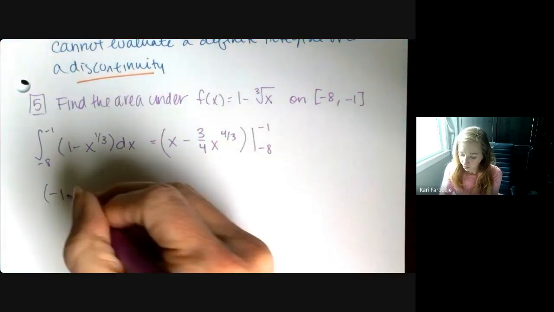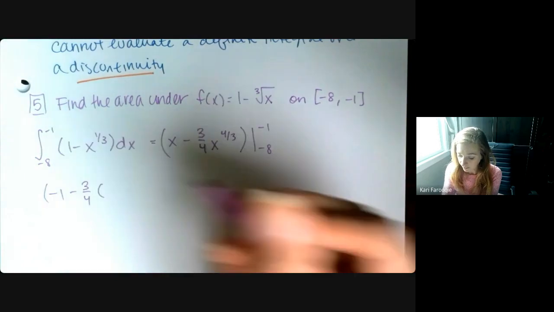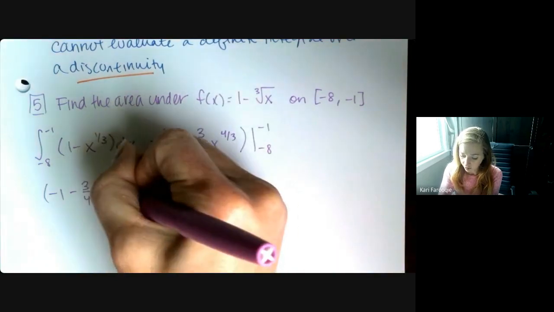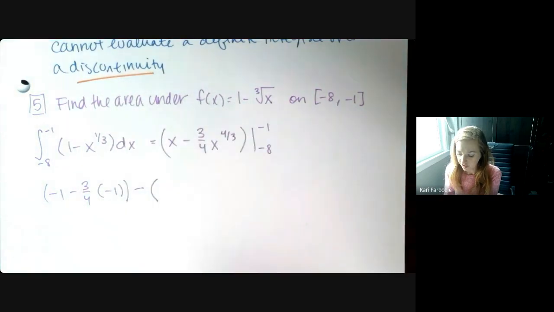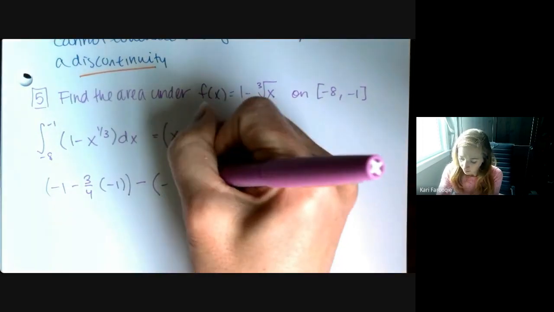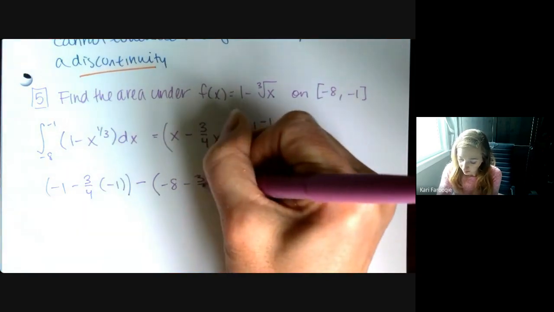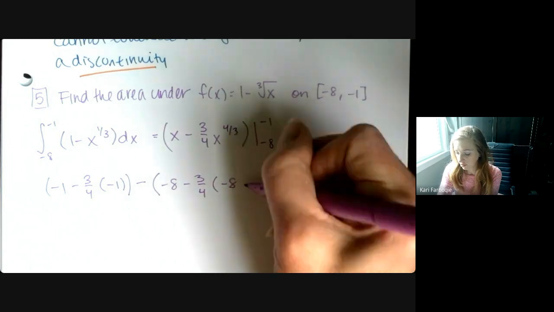I don't think you should need to, but it's fine. I'm going to evaluate this first at -1, and then I'm going to subtract off what's happening at -8. So there are a lot of negatives occurring here. So -8, and then -3/4 times -8 to the 4/3.